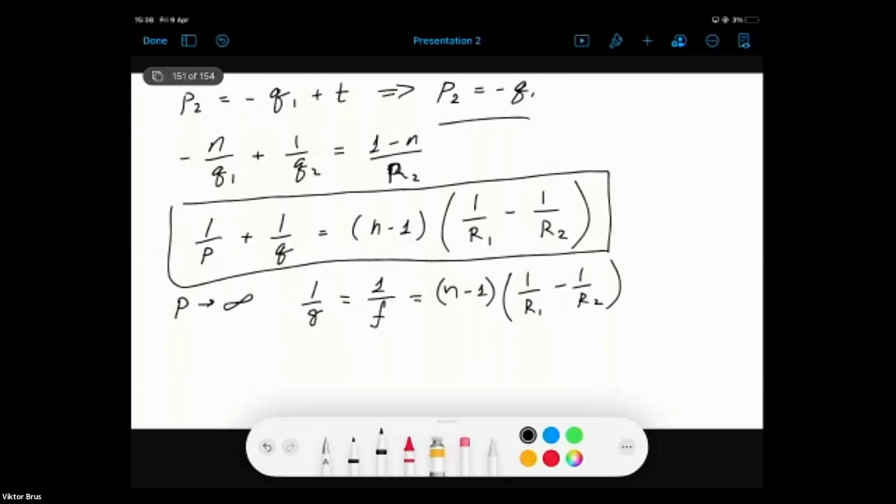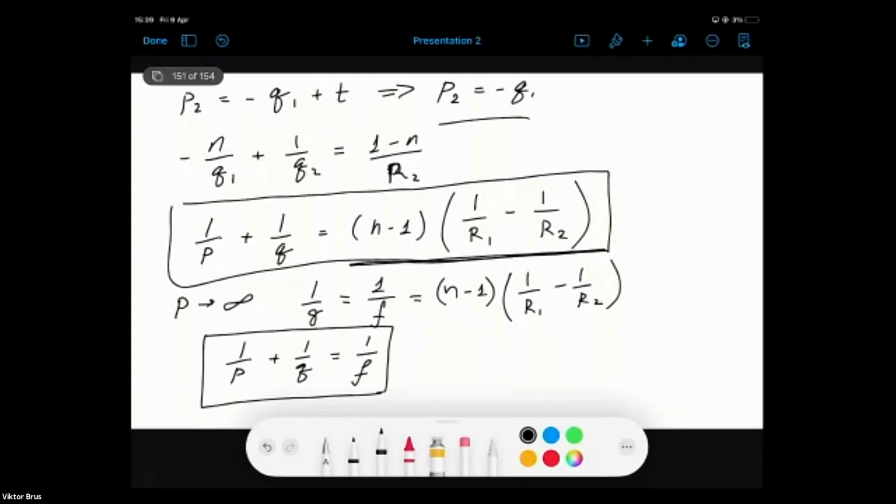So now, if we take into account that 1 over F is equal to the right side of this equation, we can finally write the equation of the thin lens: 1 over P plus 1 over Q is equal to 1 over F.